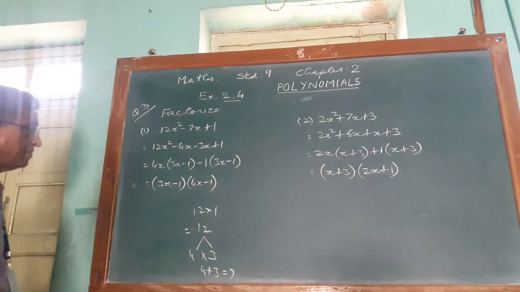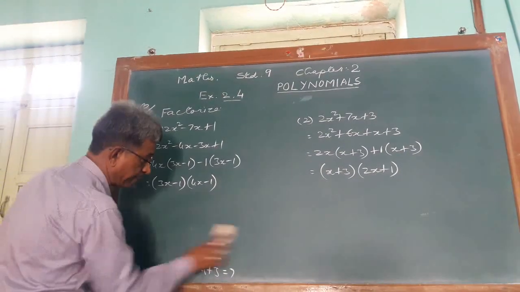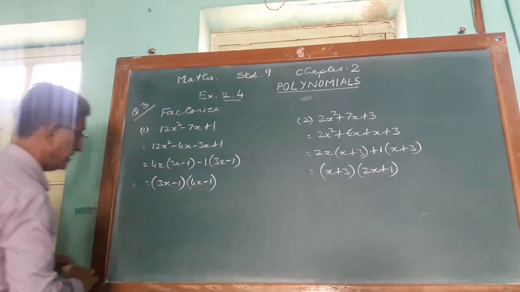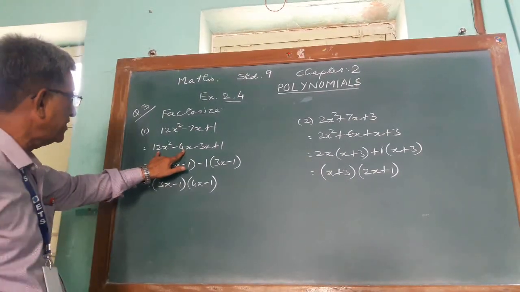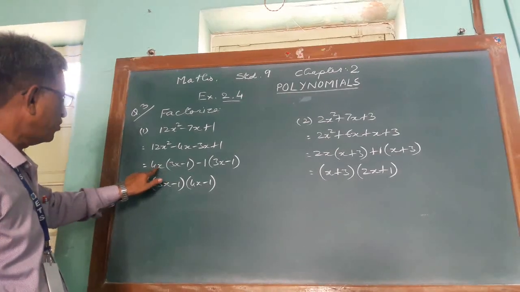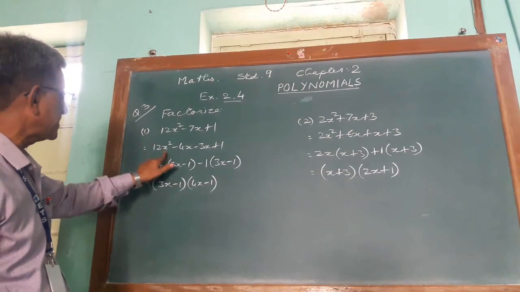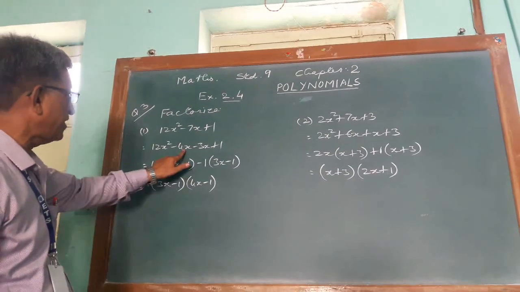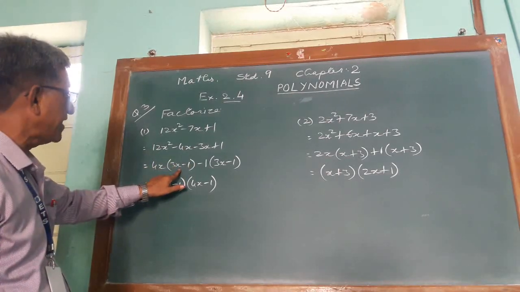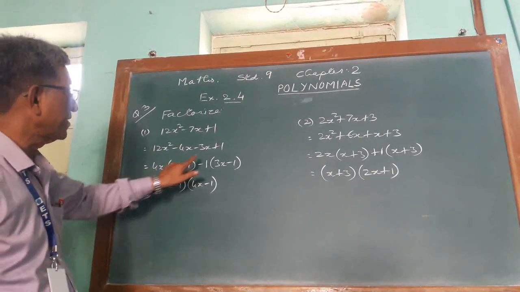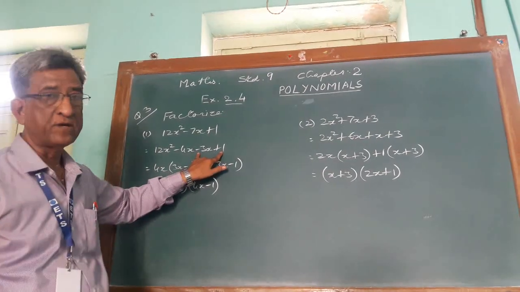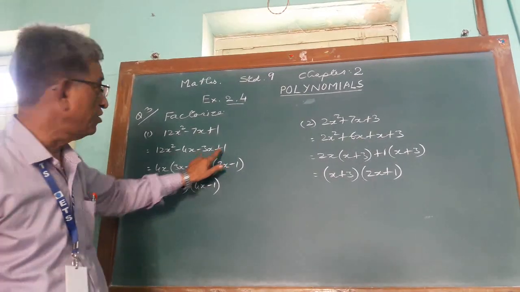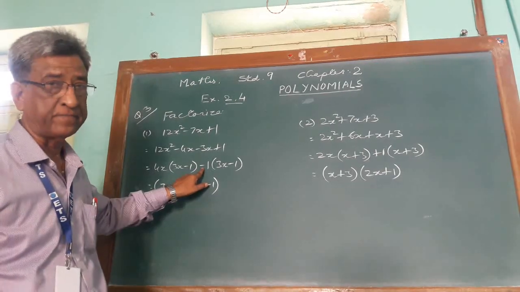Now take out the common from the first two and last two. So from first two common is 4x. So 4 3s are 12, x into x square. Now 4 1s are 4. So in the bracket you will get 3x minus 1. Now here minus 3x plus 1. Nothing is common. So you have to take minus 1 common.